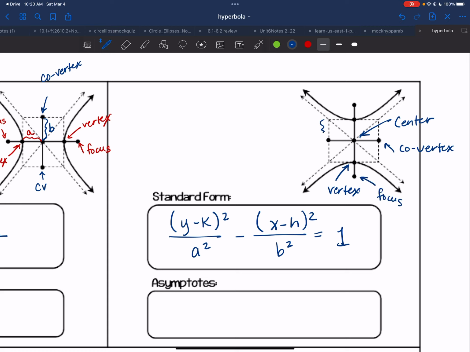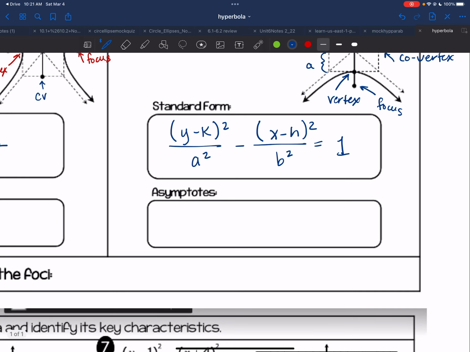Okay, this length is going to be A, and this length will be A. So the whole thing from vertex to vertex will be 2A. So if you're looking for finding that value, you can always go from your center to your vertex or from vertex to vertex and take that midpoint. Let's see here. Is there anything else that we need to label here? I think we've got it all.